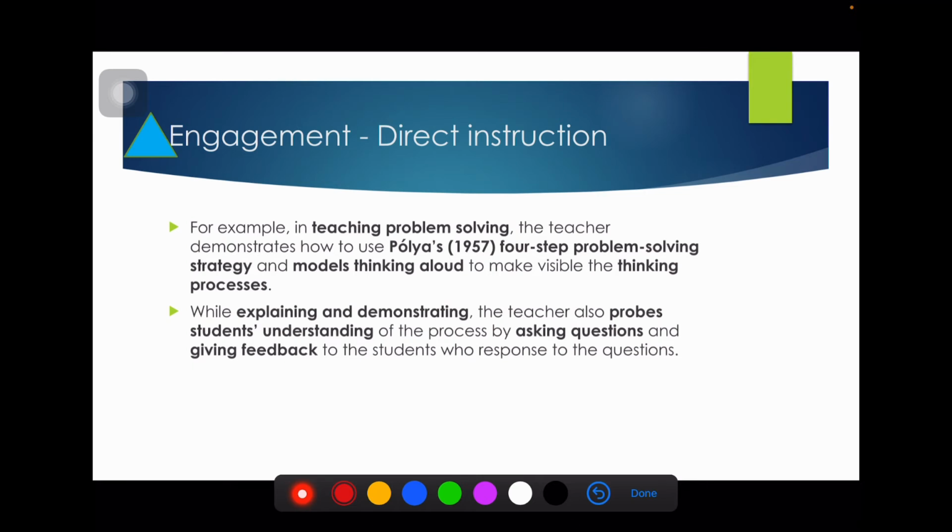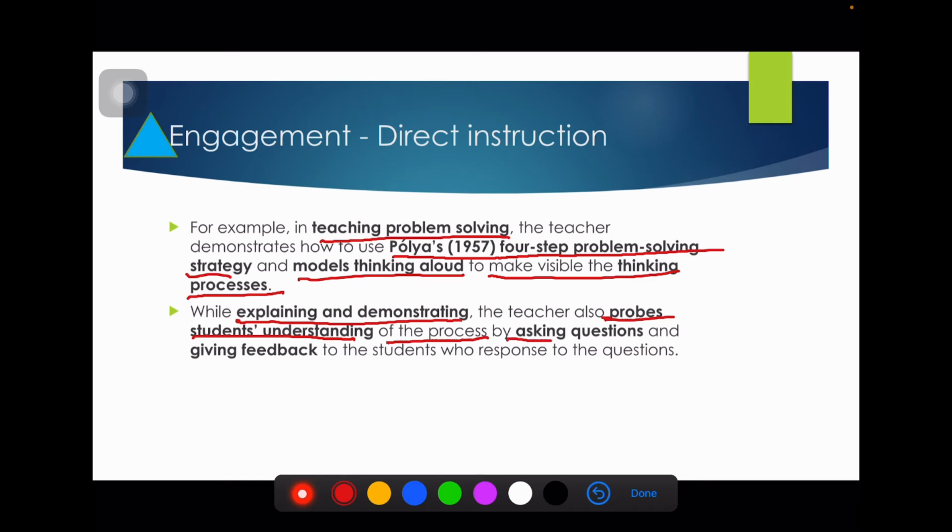Now, for example, if you're teaching problem solving, the teacher demonstrates how to use Polya's 1957 four-step problem-solving strategy and models thinking aloud to make visible the thinking processes. While explaining and demonstrating, the teacher also probes students' understanding of the process by asking questions and giving feedback to the students who respond.